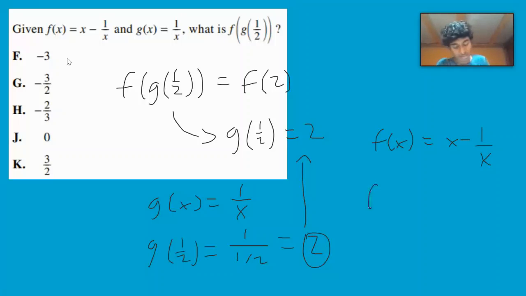So evaluating this at x equals 2 gives us 2 minus 1 over 2. This is equal to 4/2 minus 1/2, which gives us a final answer of 3/2. So our answer is choice K.